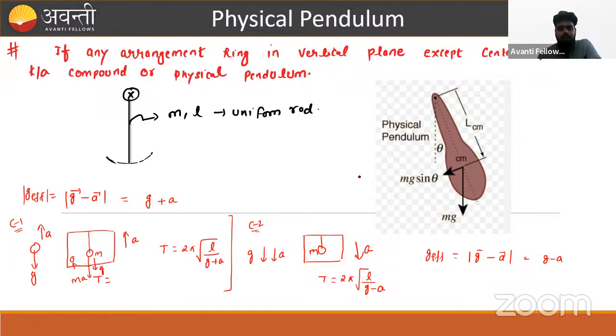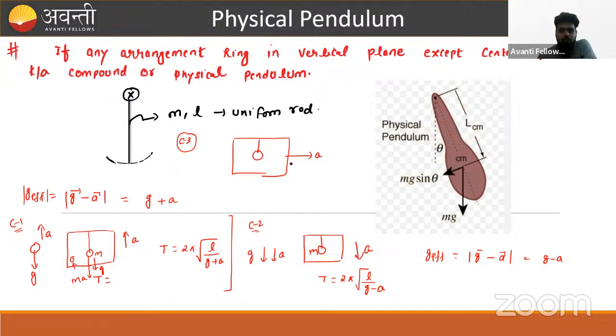And if we consider another case, say this is the case 3. Suppose in the case 3, our pendulum is moving in the rightward direction, having some acceleration A. So what will happen here, beta?